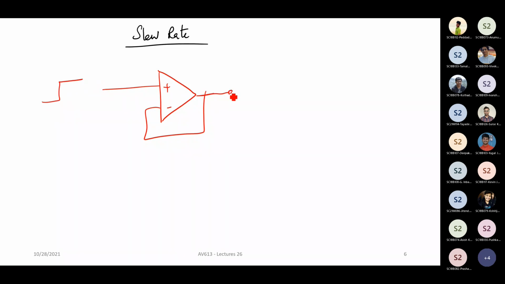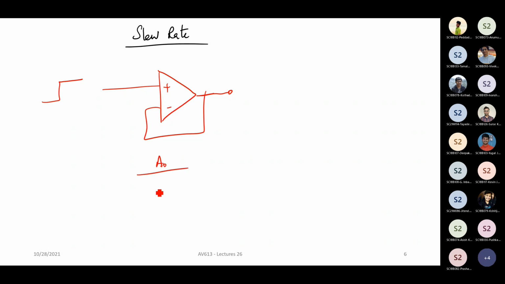Now, all the op-amps that we have designed so far, the 5-transistor op-amp or the telescopic cascode op-amp, are all single pole systems. Of course, they do have other poles, but all the other non-dominant poles are at a higher frequency, which is beyond the UGF. So for all practical purposes, the op-amps that we have seen so far are all single pole systems.